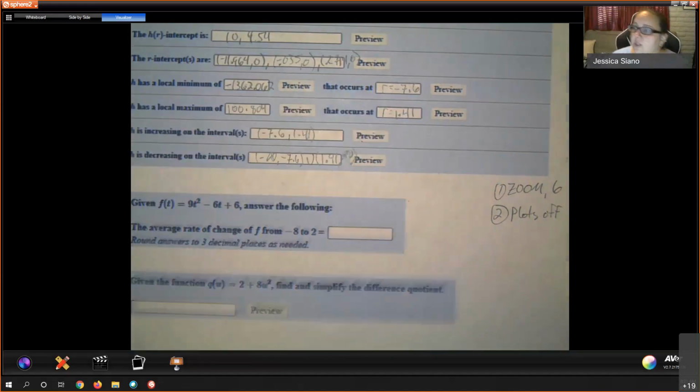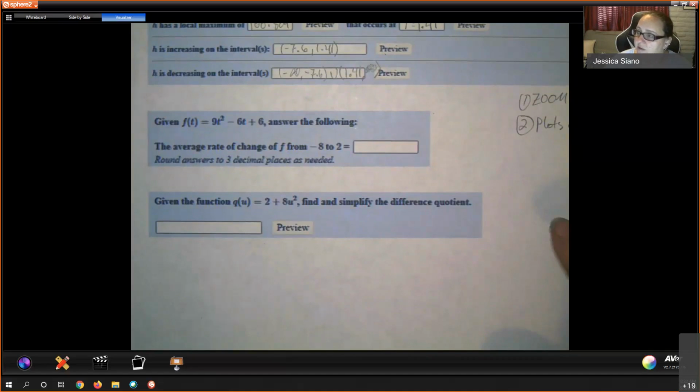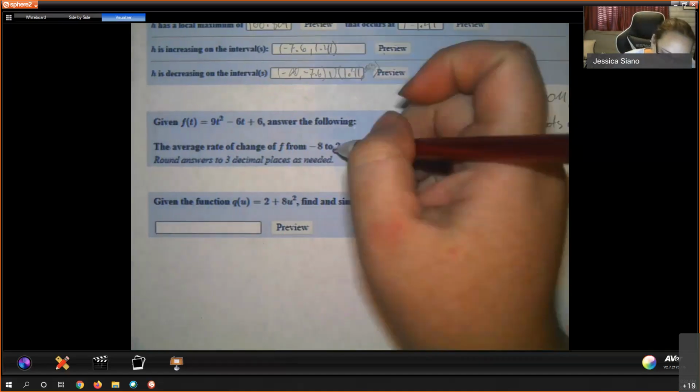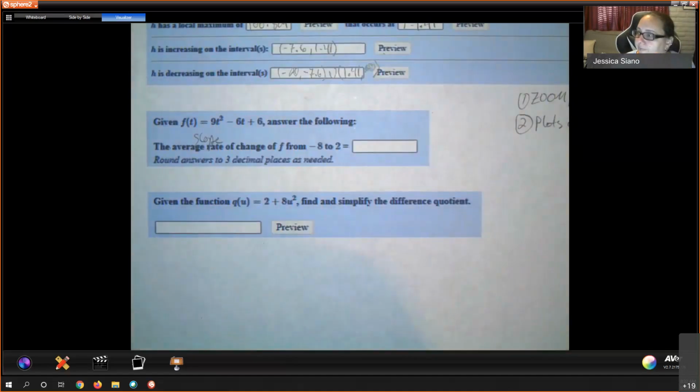All right. So average rate of change is slope. So the average rate of change from -8 to 2. Well, here's the problem.